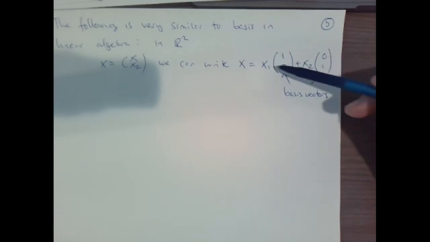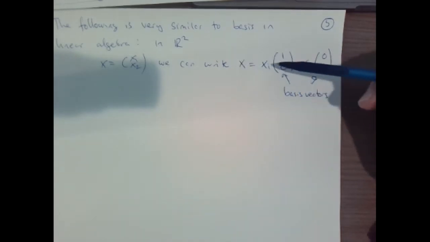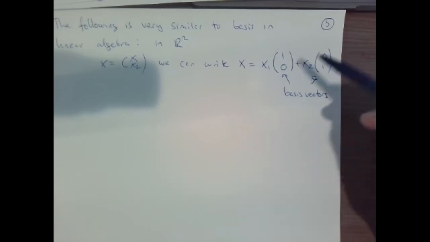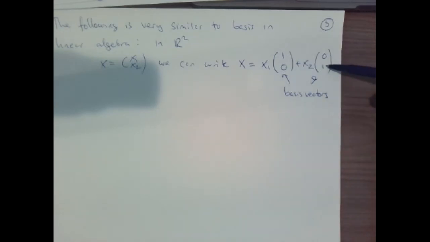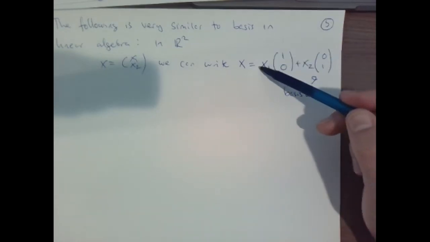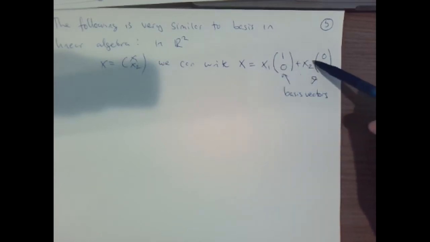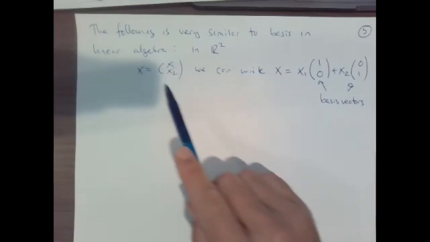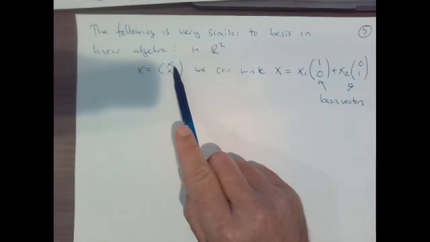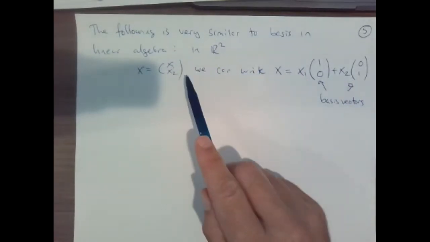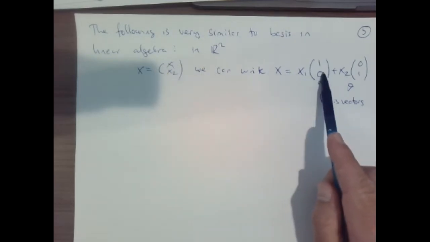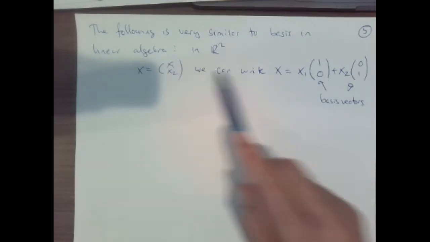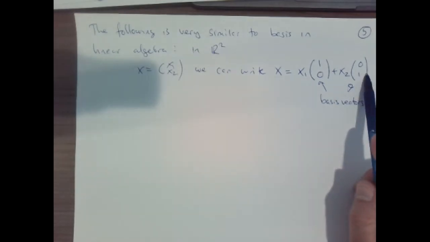You'll also be able to write any element x in terms of linear combinations of these two. But what makes the standard basis so convenient is when you want to find out what the coefficients are, it's quite easy. You just take the first coordinate times the first basis vector, and the second coordinate times the second basis element.